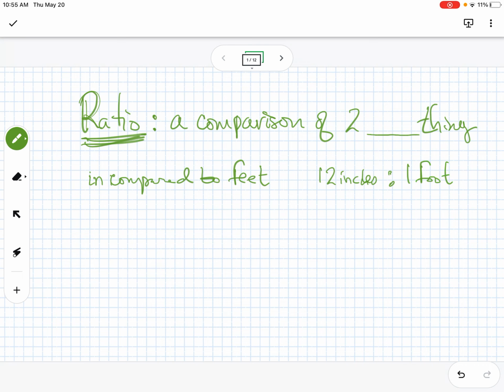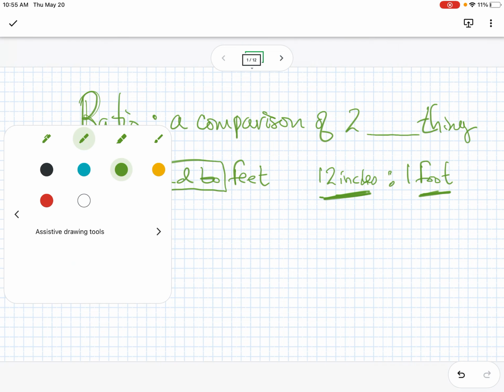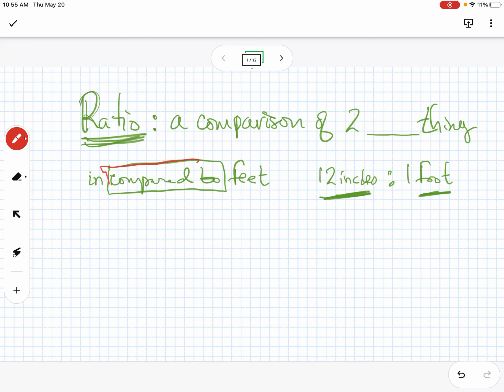There's a ratio. 12 inches compares to 1 foot. I'm comparing two things. I'm comparing inches to feet. Notice I'm comparing. There's my statement compared to right there.